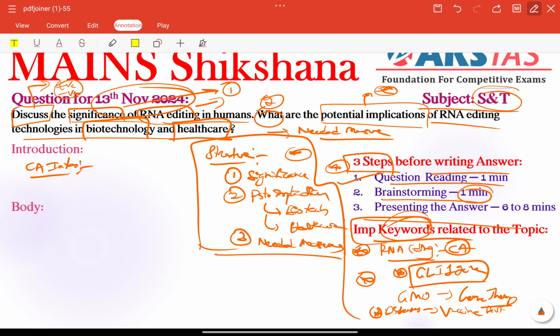So in the CA introduction, current affairs introduction, we can provide some recent current affairs issues. For example, a biotechnology company recently, Wave Life Sciences, successfully performed the first clinical RNA editing in humans, especially on 2 patients with alpha-1 antitrypsin deficiency.